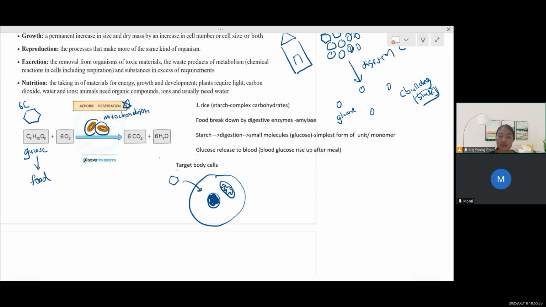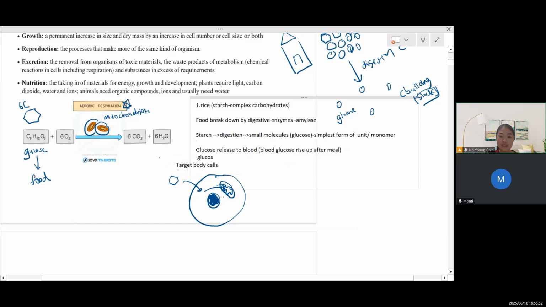Okay. So after that, once glucose is taken up into the body cell, it will go to the mitochondria, which is found inside the cell.